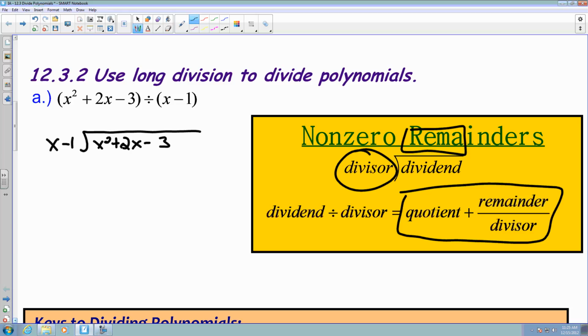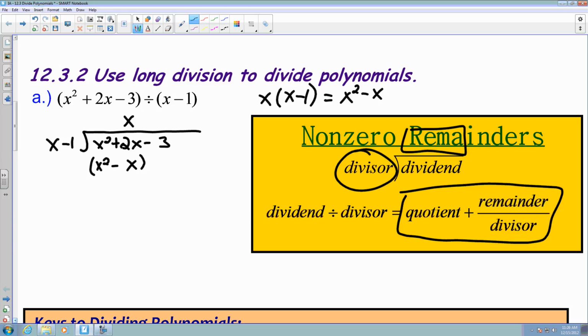I want to find a value up top that's going to cancel out that x squared when you multiply it by x minus 1. The value will be x, because if you take x and multiply it by x minus 1, you distribute it out, and it equals x squared minus x. So I'm going to write down x squared minus x on the bottom.